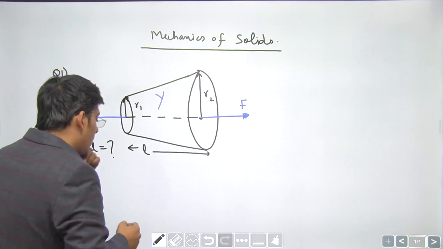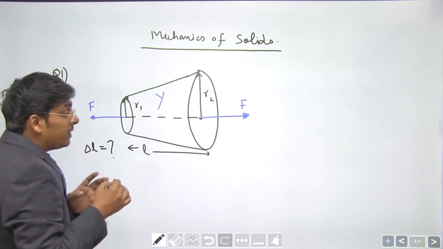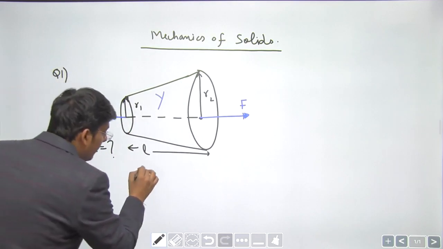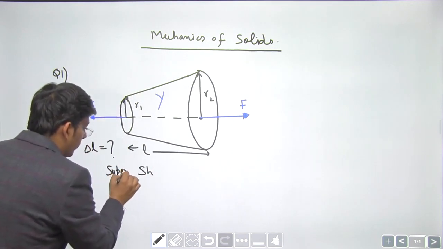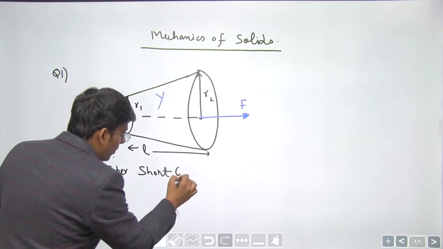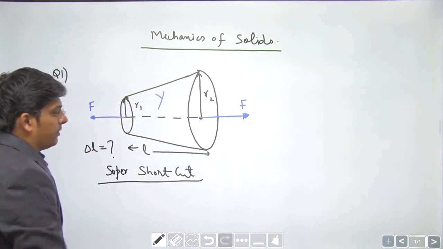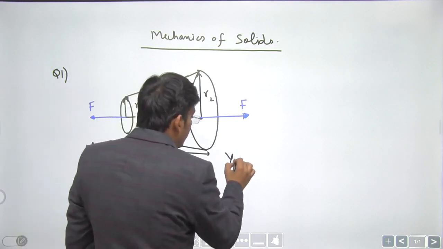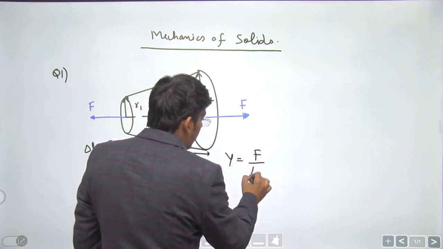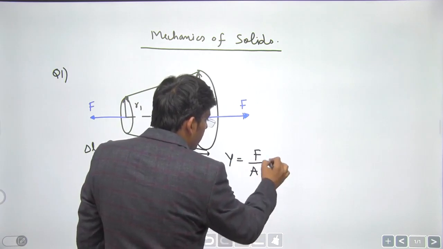But instead of doing the integral part, I am going to tell you a super shortcut by Ankur sir. This is a super shortcut for all frustum type questions. You know that Young's modulus is force upon area, stress, divided by strain, change in length by original length.